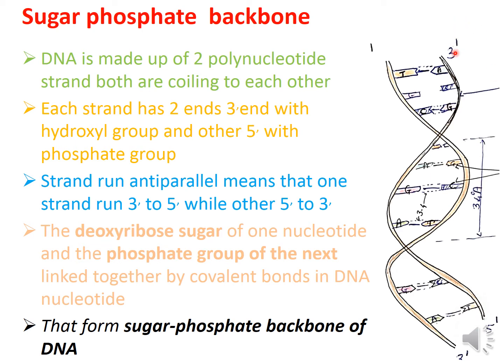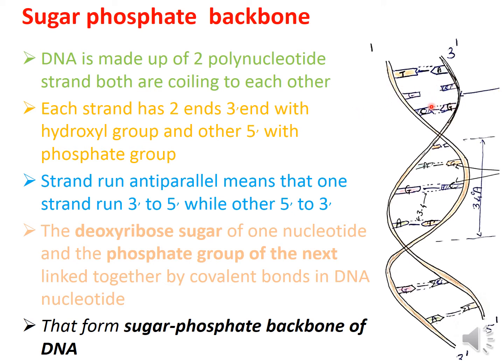The 3' end has a hydroxyl group, and the phosphate group is present at the 5' end. Here is a hydroxyl group and here at 5' is a phosphate group. They form a sugar phosphate bond, meaning the sugar group of 3' and the phosphate group of 5' combine and form a sugar phosphate bond.